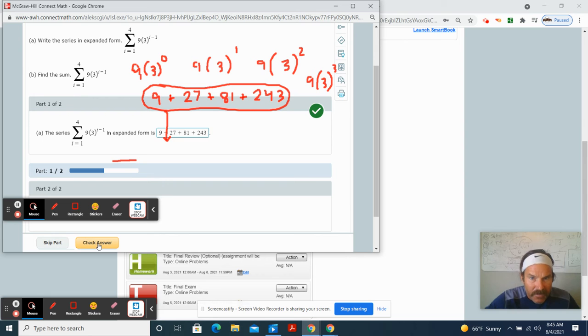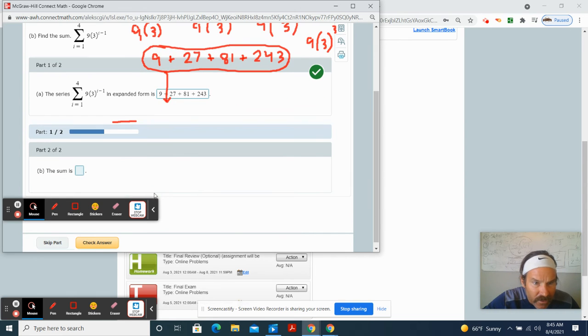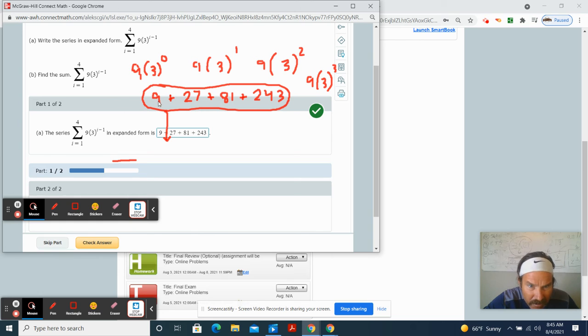Okay. Now, the second part asks you to find the sum. Again, you could actually find the sum by just adding these up. You can just punch them in your calculator: 9 plus 27 plus 81 plus 243. I get 360 when I add them up.